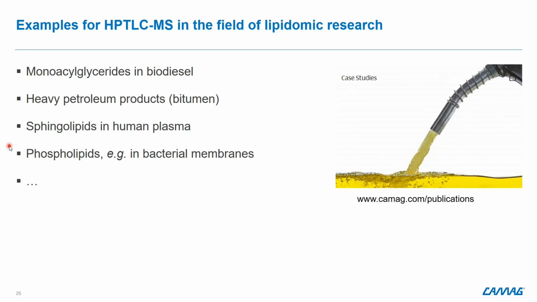And where can we use HPTLC and HPTLC-MS in the field of lipidomic research? There are many different application examples published in the last decades, like detection of monoacylglycerides in biodiesel, heavy petroleum products analysis, analysis of sphingolipids in human plasma, phospholipids in different biological matrices.